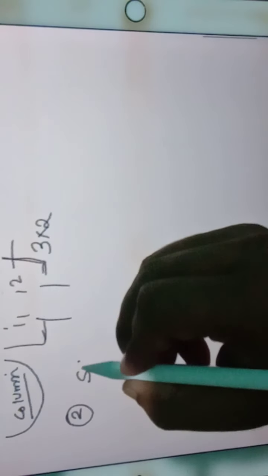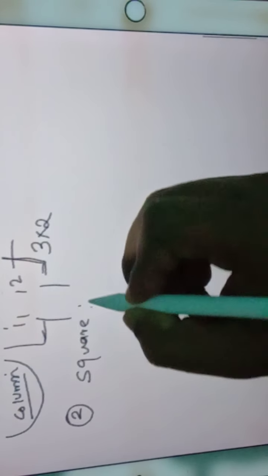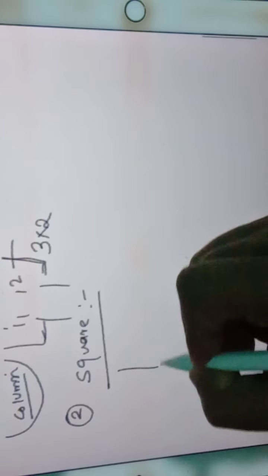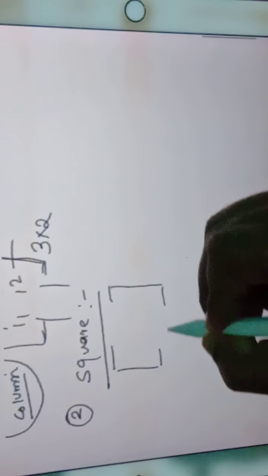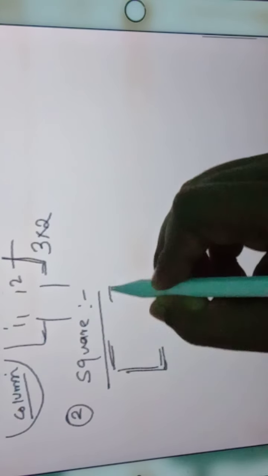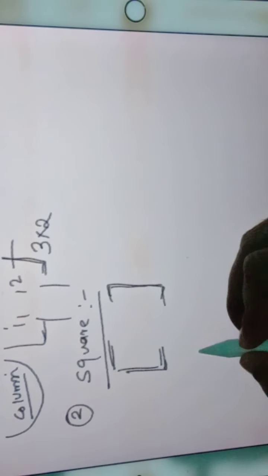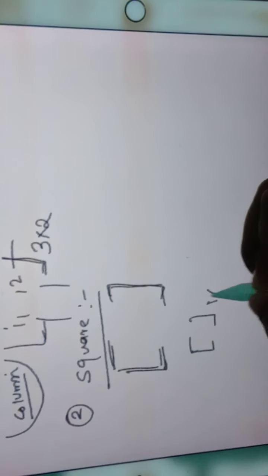Second one, square matrix. Square matrix means like this one, the shape looks like a square. Like 1 cross 1, also known as a singleton matrix. We will read further on this, it contains only one element.